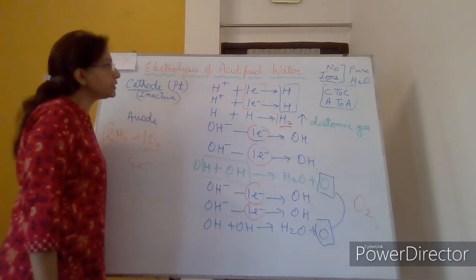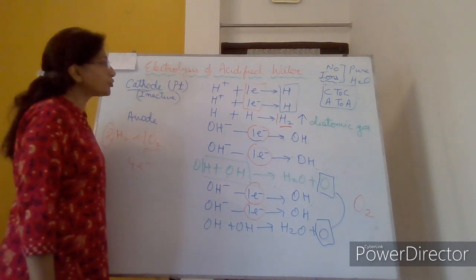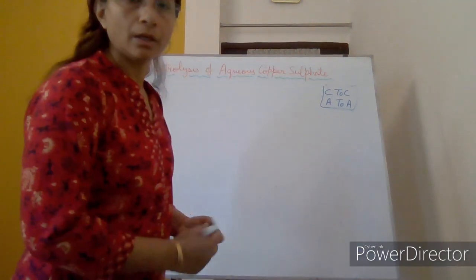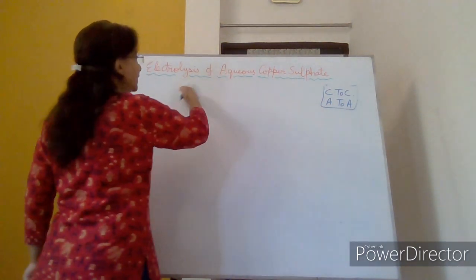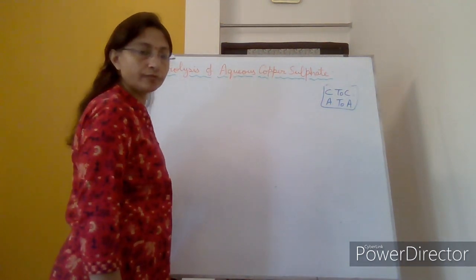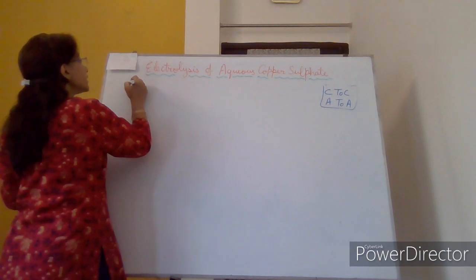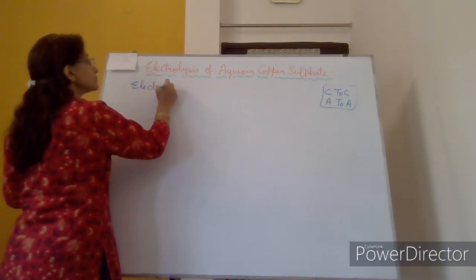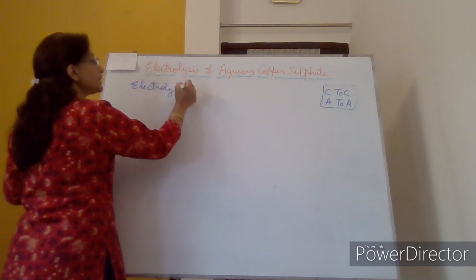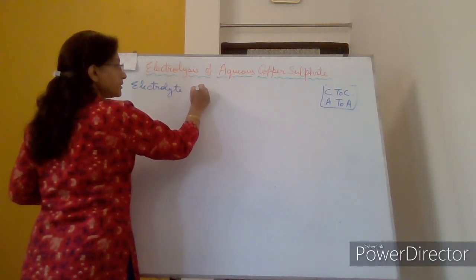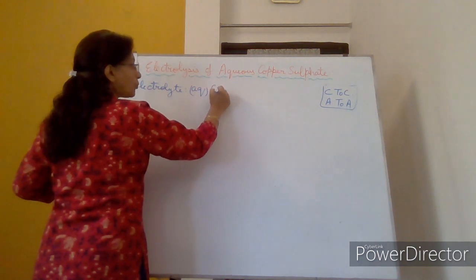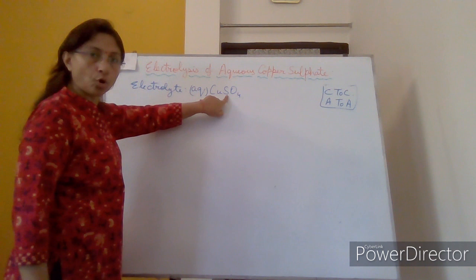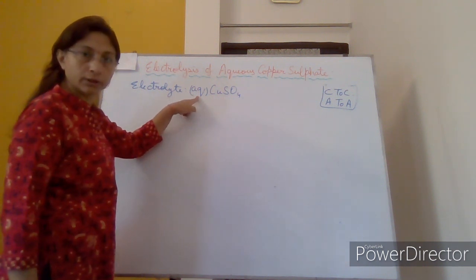Now let us proceed to the electrolysis of aqueous copper sulphate. Alright class, for the electrolysis of aqueous copper sulphate, the electrolyte that we will be using is obviously aqueous copper sulphate, that is copper sulphate salt dissolved in water.